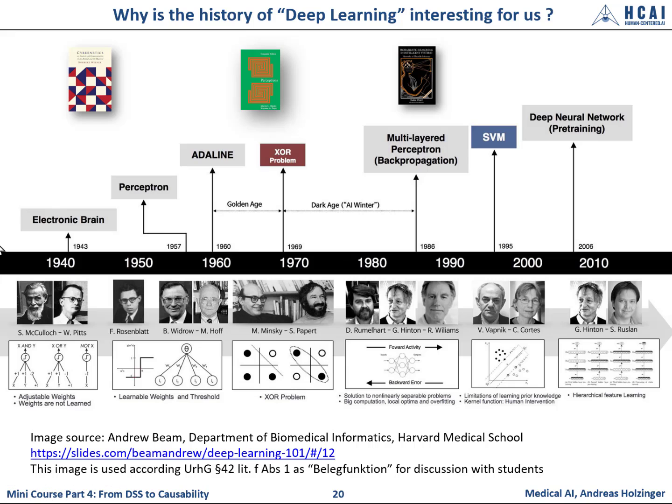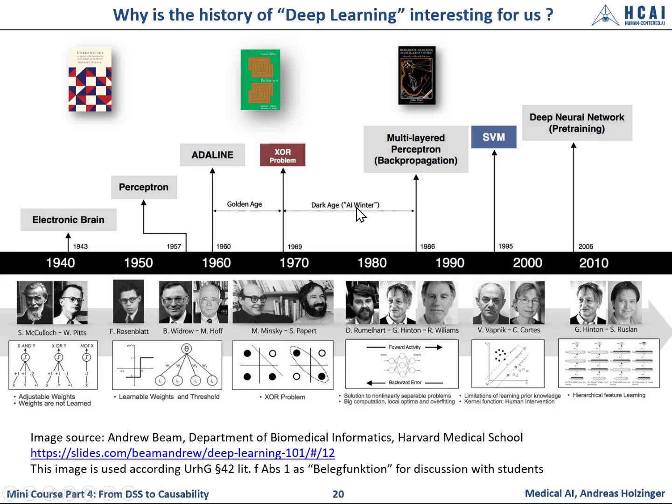Starting from 1940, you have McCulloch-Pitts. Then in 1950, Frank Rosenblatt, for example, with the perceptron. This is really the forerunner of the neural networks. Then you have Marvin Minsky and Seymour Papert, the famous cognitive scientists, with the XOR problem.